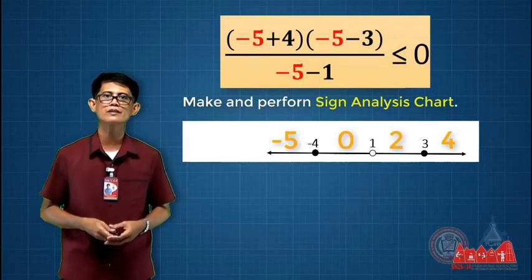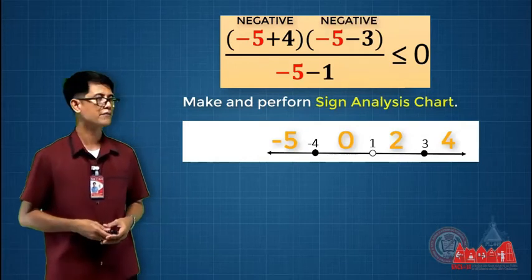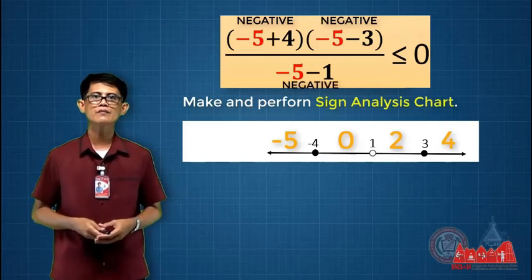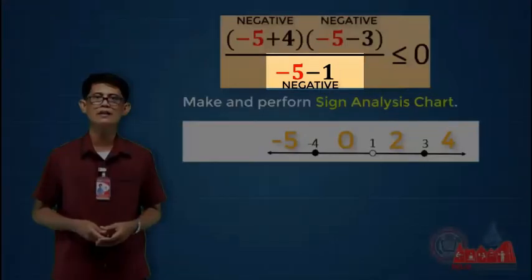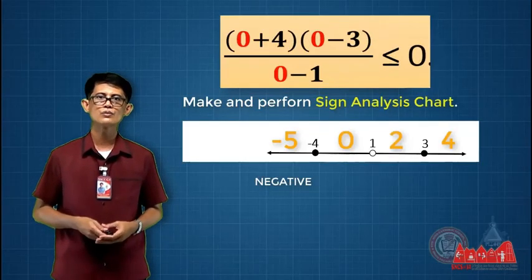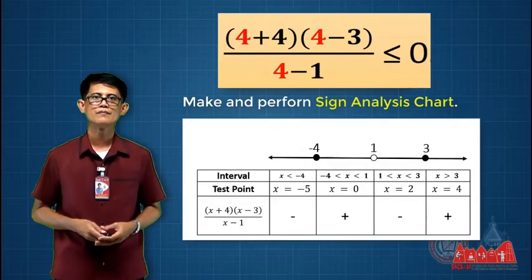Negative 5 plus 4 is negative. Negative 5 minus 3 is negative. Below, negative 5 minus 1 is also negative. So negative times negative is positive. Divided by a negative, the final sign is negative. Next, substitute 0, 2, and 4 to complete the signs of the remaining intervals.